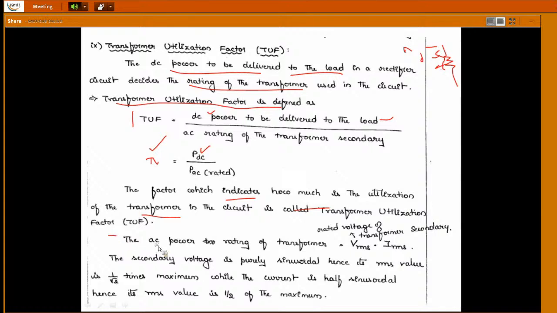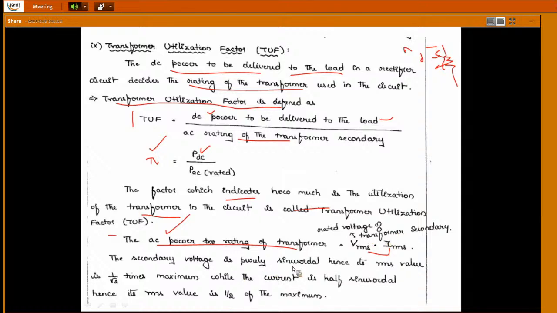Now, what is the expression for the AC rating of the transformer? The power is generally V into I, VRMS into IRMS, because it is AC power: AC voltage multiplied by AC current. This voltage is the rated voltage of the secondary of the transformer.